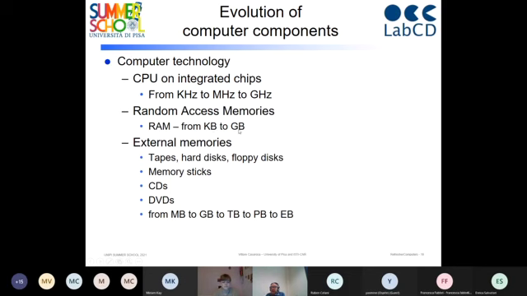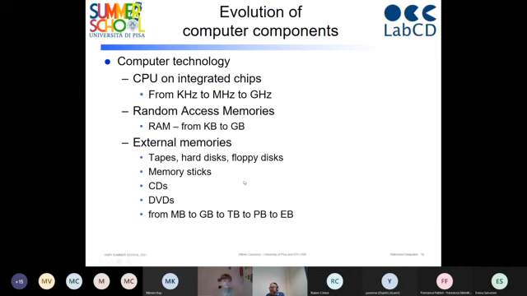And again, the RAM has moved in the last years even more quickly from kilobytes to gigabytes. Going back to what I was saying before, you would not buy today a PC with less than 4 gigabytes of RAM. Actually, you would prefer 8, and PCs with 16 gigabytes of RAM are becoming standard, which means that your RAM memory has 16 billion cells, what we were saying before.